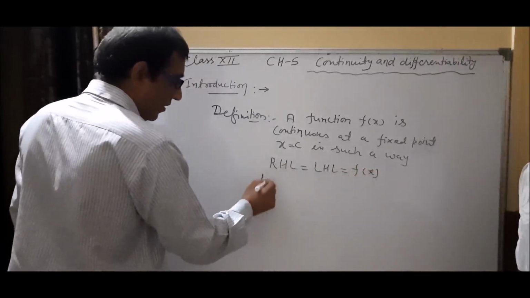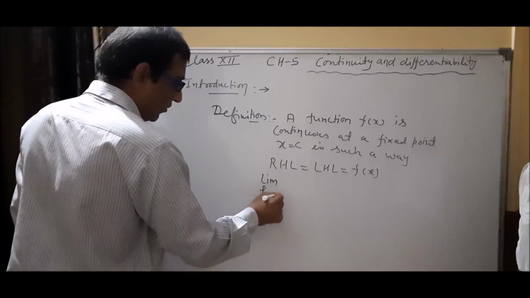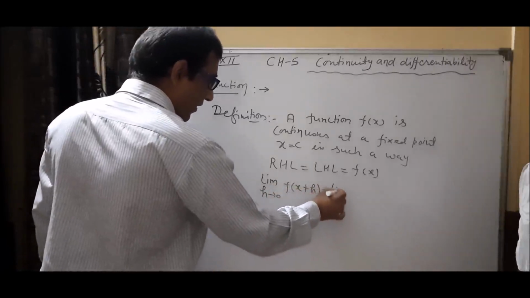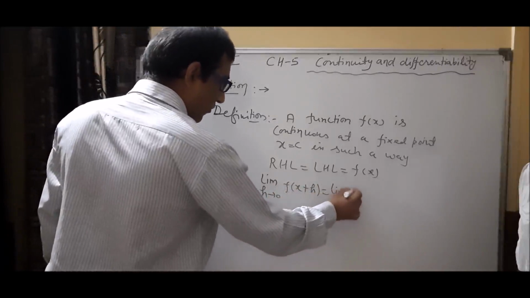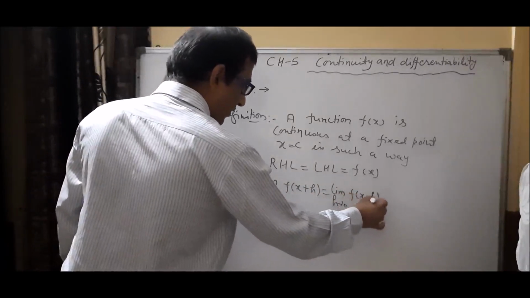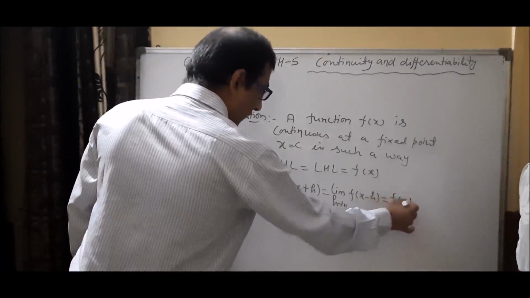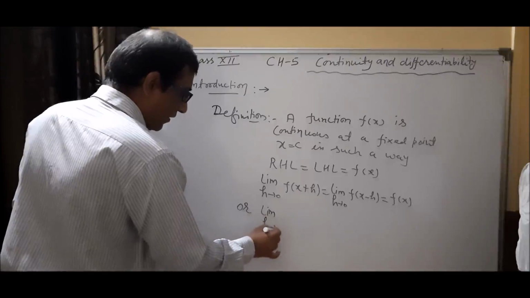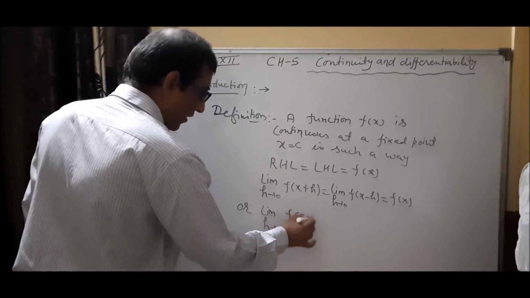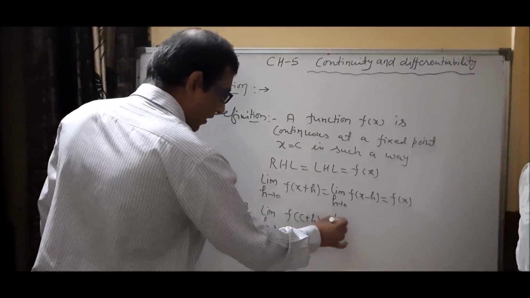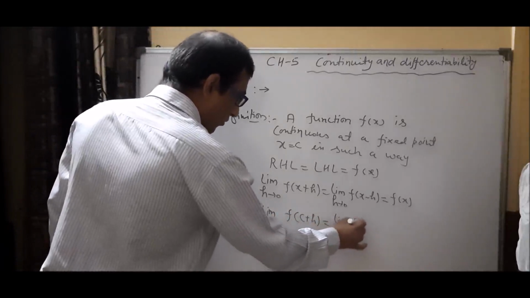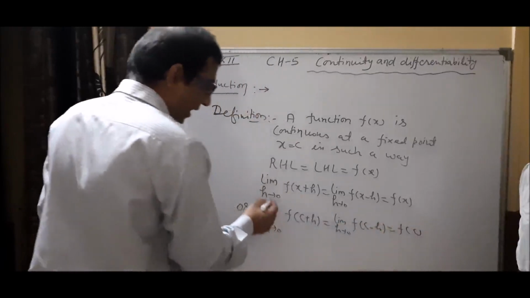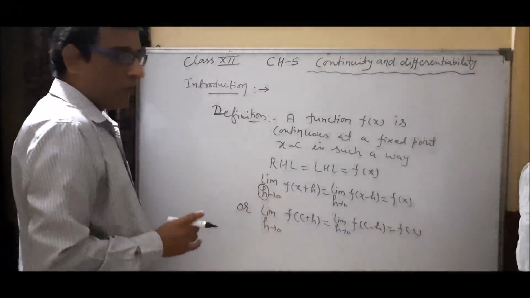Right hand limit means limit h approaches to 0 f(x plus h), left hand limit means limit h approaches to 0 f(x minus h), equals to f(x), or it can also be written as limit h approaches to 0 f(c plus h), limit h approaches to 0 f(c minus h) equals to f(c), and here h is a very small quantity.